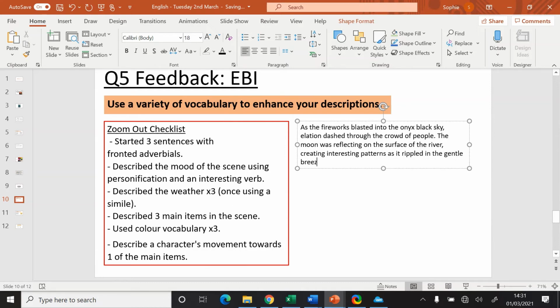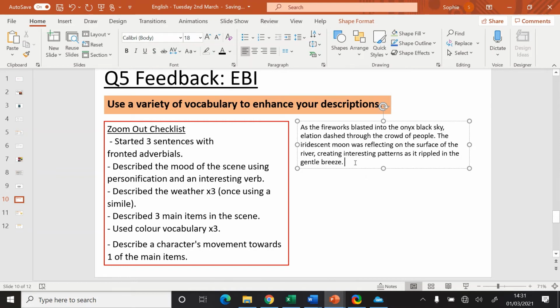When you blow on a surface of water and it ripples, that's what I'm kind of trying to get at here. So again, I'd ask myself, can I include sensory or colour vocabulary? I think I could describe the moon as iridescent, that kind of pearl effect on the moon.